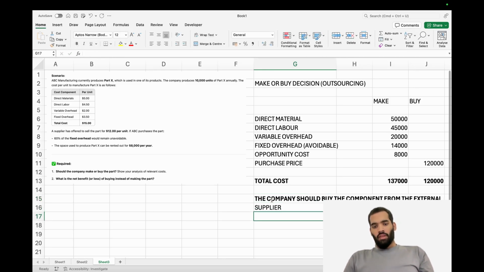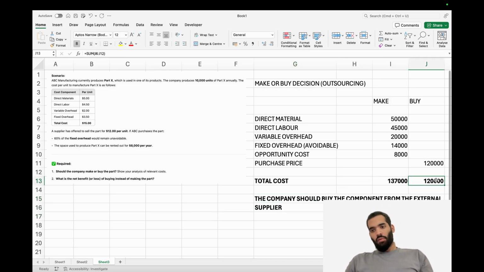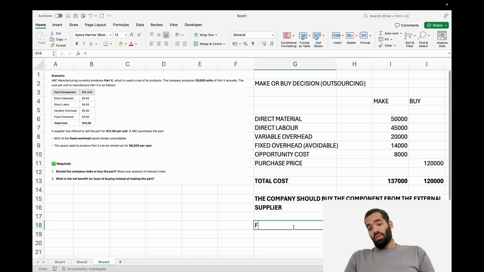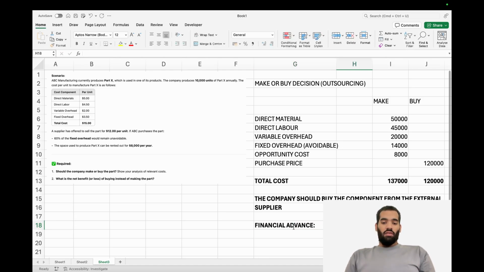And if you notice, if we buy the component from an external supplier, we are saving $17,000. That's called a financial advantage. So in making this decision, buying from the external supplier gives a financial advantage of $17,000, and that's it.